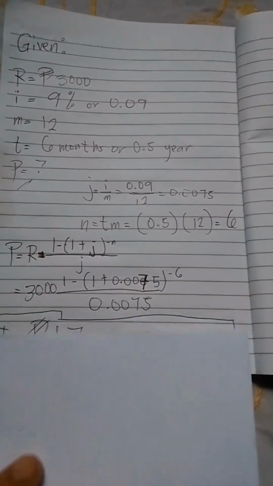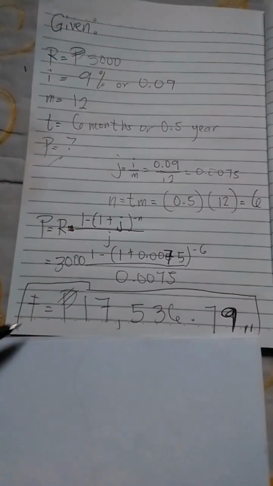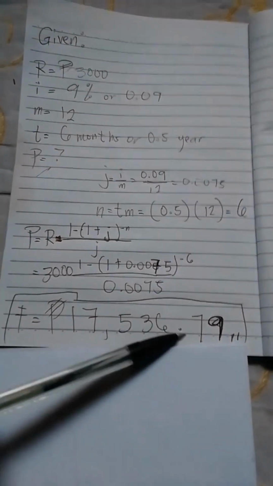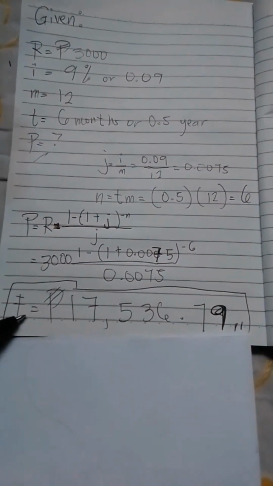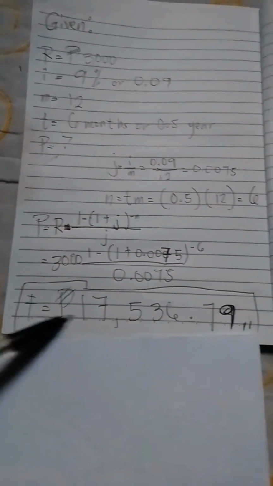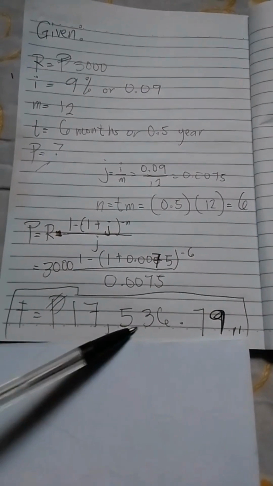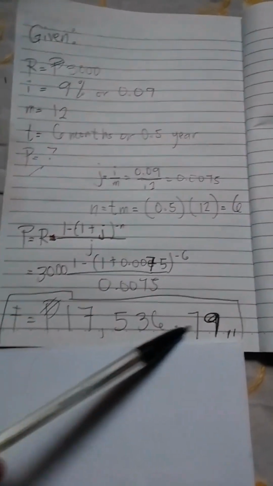The result will be 17,536.79 pesos. So this is now our present value. P is equal to 17,536.79 pesos.